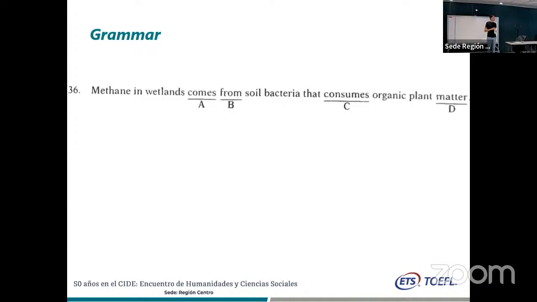So I give you a moment just to read and say if you identify the mistake. Sometimes we'll see, I don't see a mistake. I have worked with students using this sentence to show you that sometimes you have to pay attention to specific rules for TOEFL. Okay? Here the mistake is in letter C.